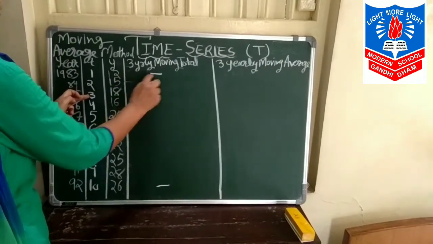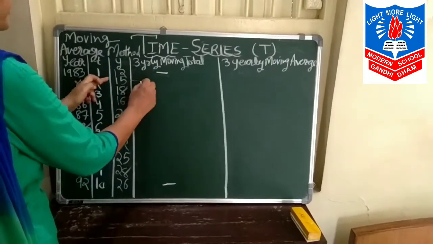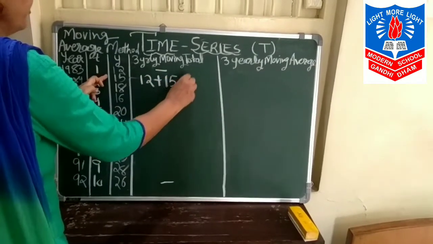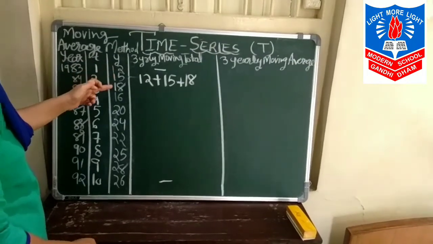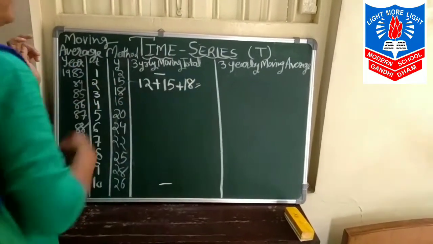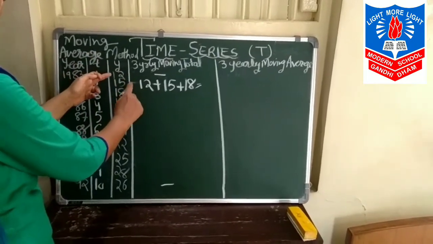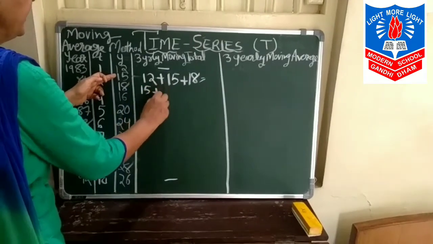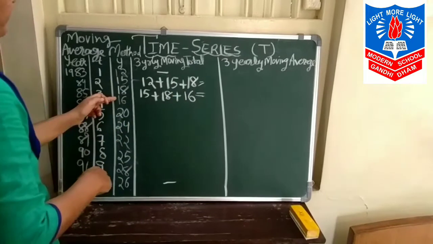That's why in the first year we put a dash, and in the second year we put the total of the first 3 years, that is 12, 15, 18.